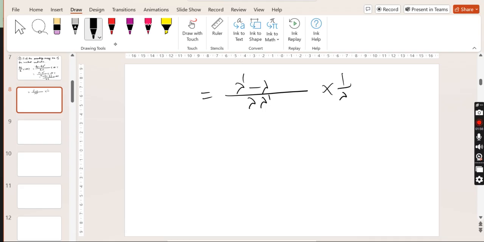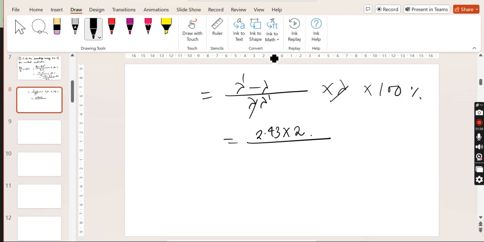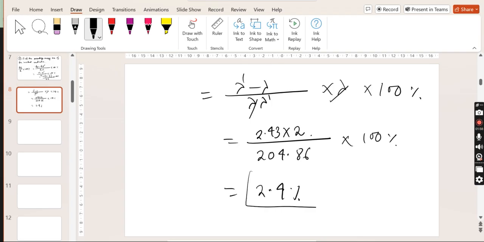We know lambda dash minus lambda is 2.43 into 2, and lambda dash is 204.86, into 100%. That will be 2.4%. So 2.4% is the energy loss.